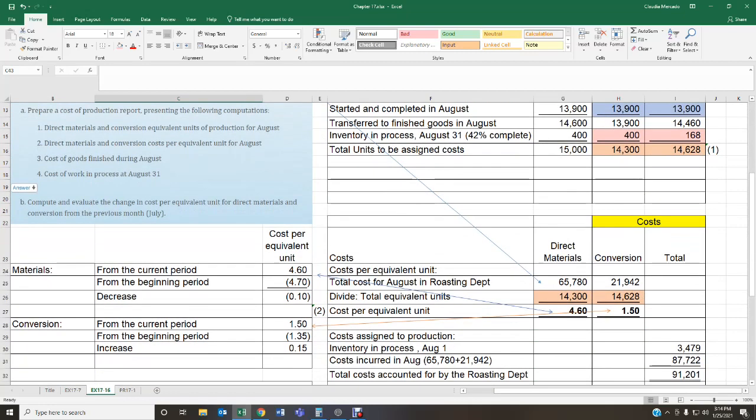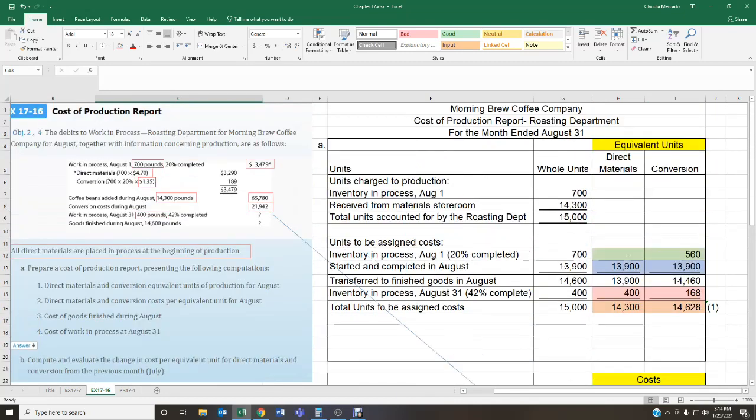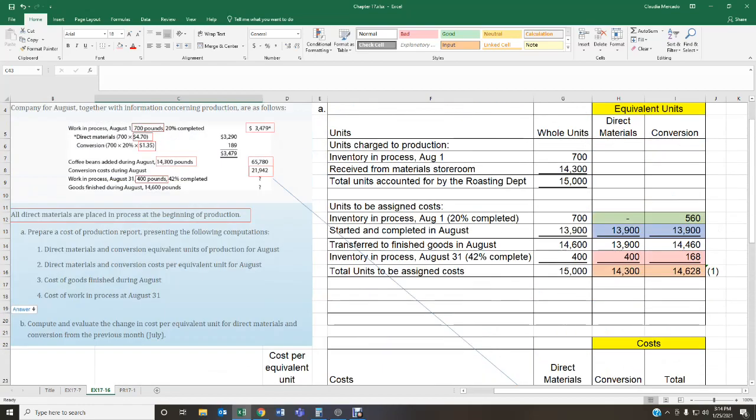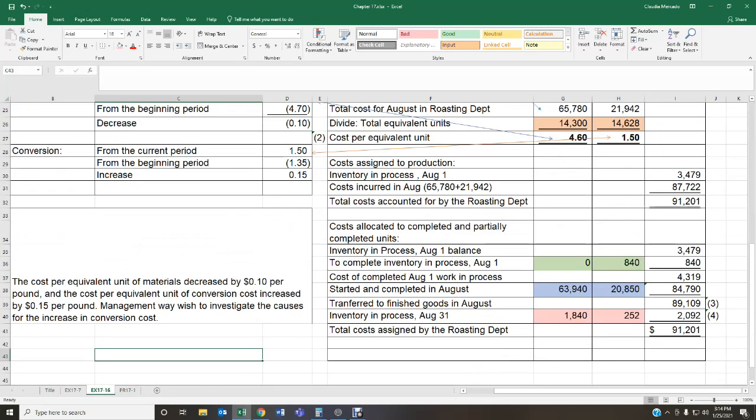We have to calculate the cost per equivalent unit, which is the $4.60 for direct materials and the $1.50 for conversion cost. Once you get your cost per equivalent unit, you assign the cost to the units to be assigned cost. So you get whatever you have up here, you multiply it by your cost per equivalent unit, and you get these numbers down here. And then you get, of course, your total.